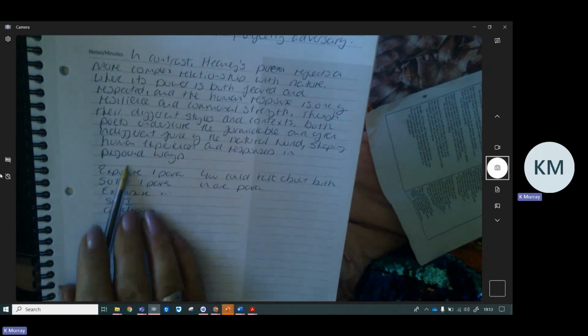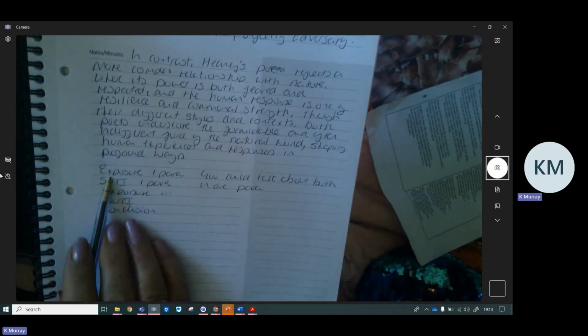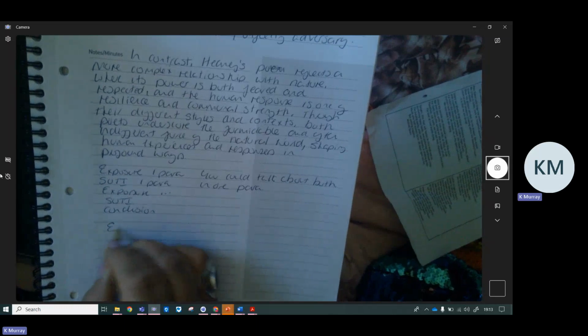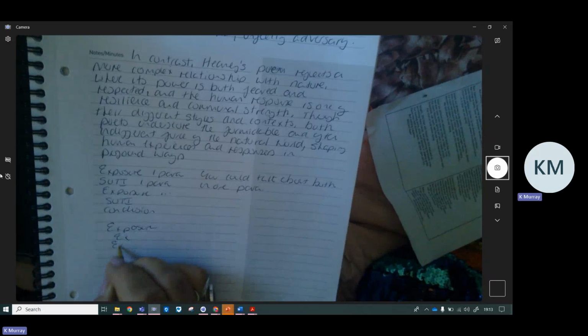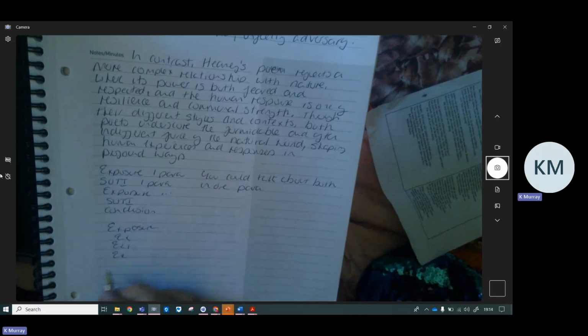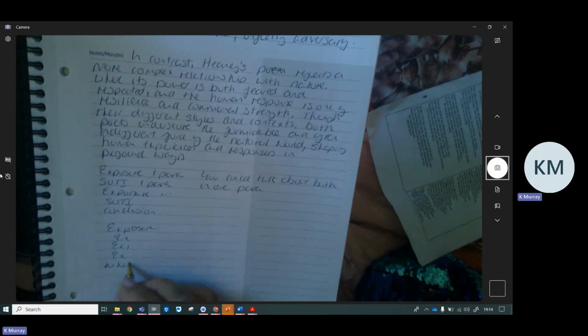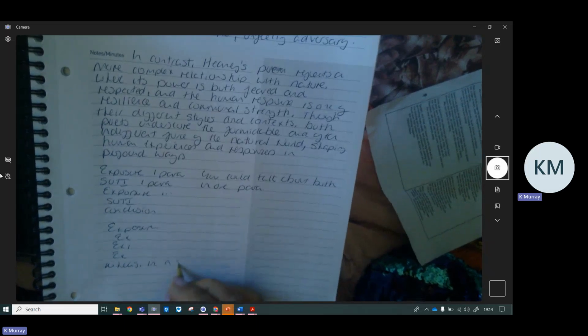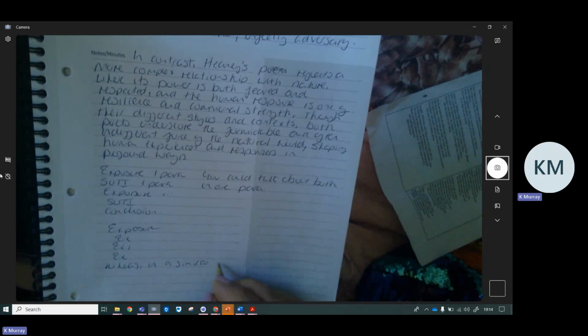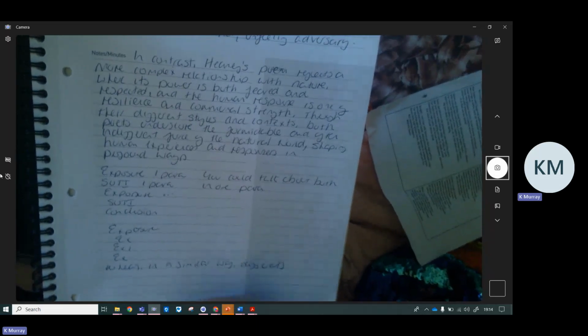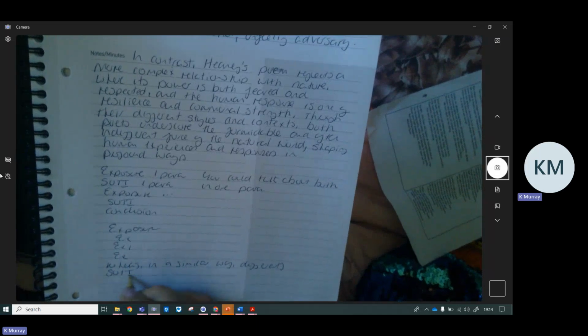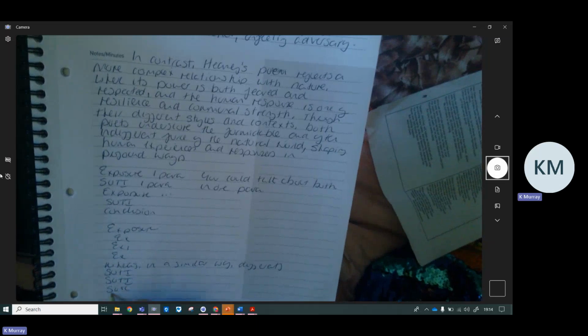So you could go in and out if you like, or you could go Exposure, Exposure, Exposure, and then some kind of linking connective, whereas, or in a similar way, differently, whatever, that linking connective, and then go Storm on the Island, Storm on the Island, Storm on the Island, conclusion.